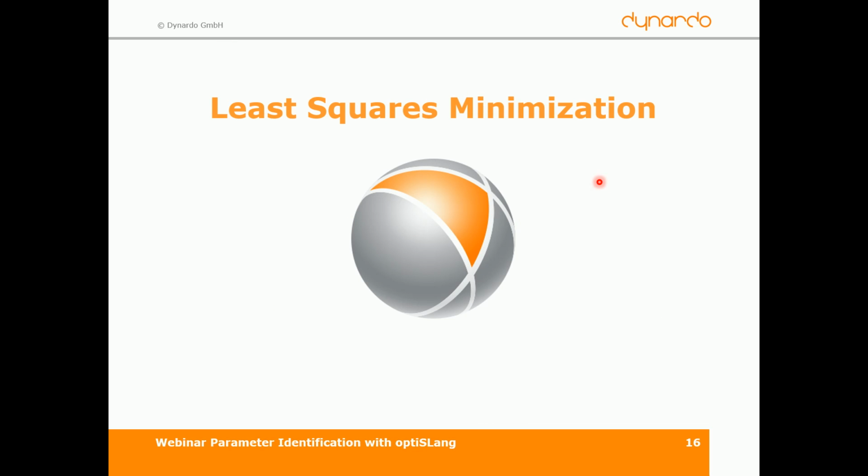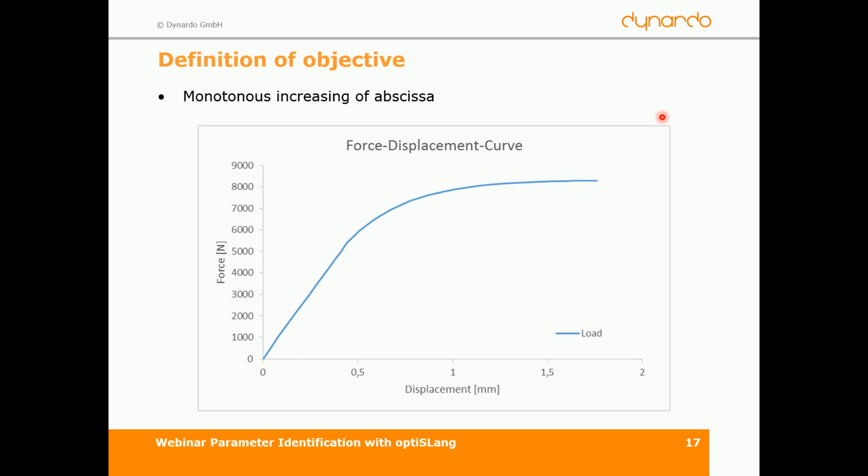And then the final step in the identification procedure, we started with the least square minimization. When you think of your curve, you have maybe such a curve with some monotonous increasing abscissa. This can maybe represent some hardening or maybe also some softening curve of your material. And for this curve, you can use such a simple sum of squared error as some objective.